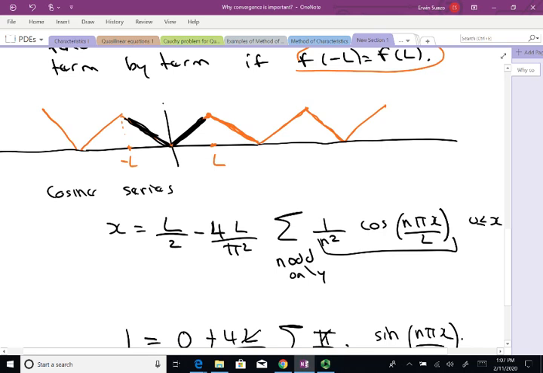So the derivative between 0 and L is 1, and the derivative between minus L and 0 is minus 1. And then what happens at the corner? That's a corner, so it's undefined.